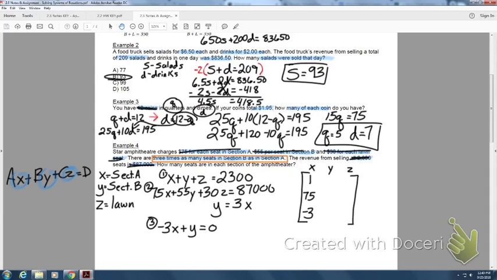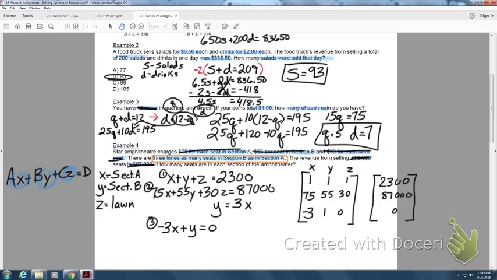Coefficients for y are 1, 55, 1. For z are 1, 30. If I don't have a z, what do I put? 0. After that, I've got my answer matrix, which is 2300, 87,000, and 0. If I'm putting this in my calculator, what am I missing?